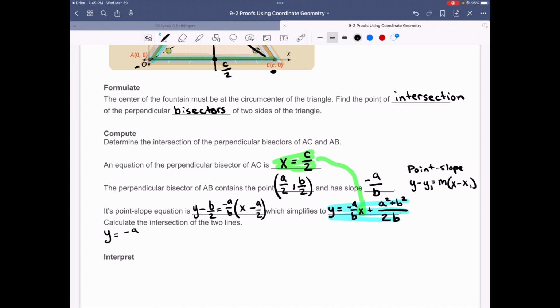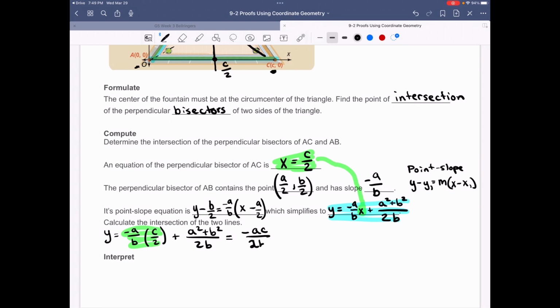So we're going to plug in to the x, c over 2. And then we have plus a squared plus b squared over 2b. And since we can simplify that by multiplying these two pieces, we would get negative AC over 2B.